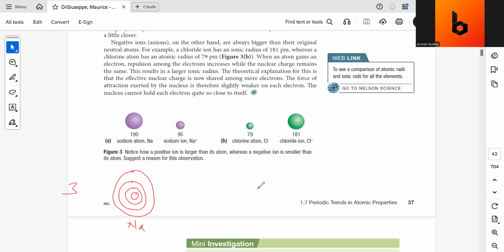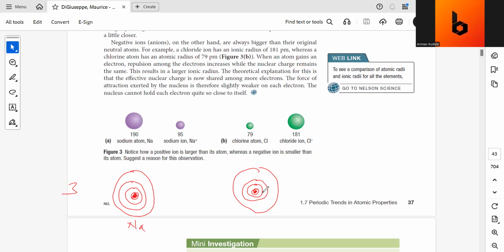Chlorine also has three shells, nucleus, one, two, and three. I have drawn the nucleus pretty big. The nucleus is extremely tiny. This is just for the sake of representation, but remember the size of the nucleus is very, very small compared to the size of the atom.